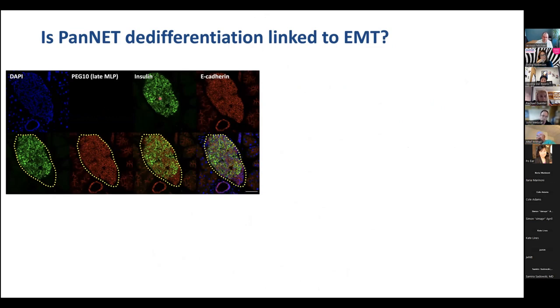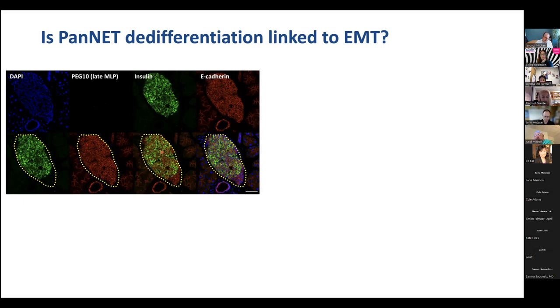We stained for insulin, which is your IT marker. We stained for E-cadherin, the marker for EMT, where loss of E-cadherin designates a switch from epithelial to mesenchymal-like. And we also stained for PEG10, which we know is a late MLP marker.